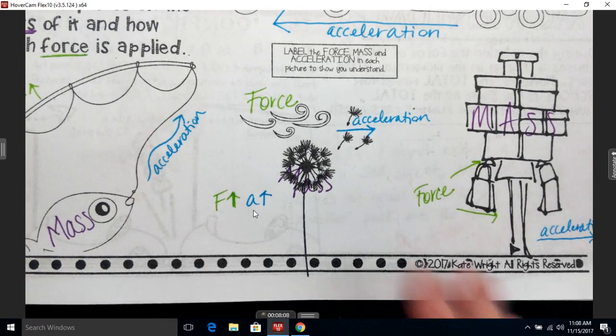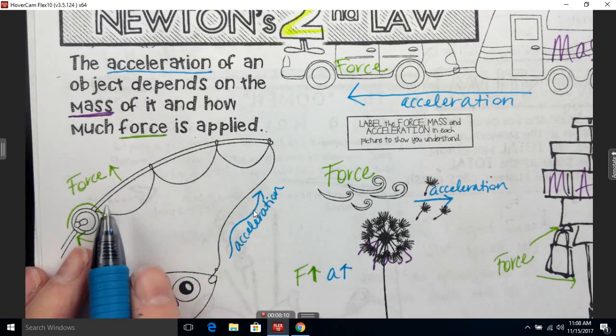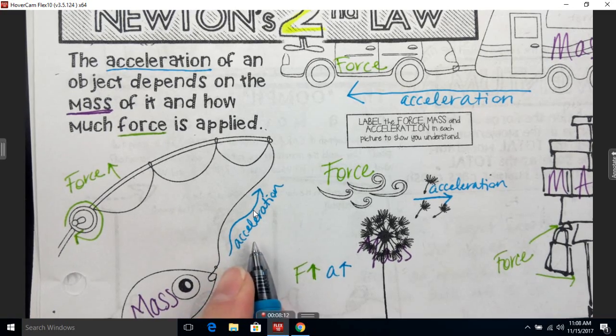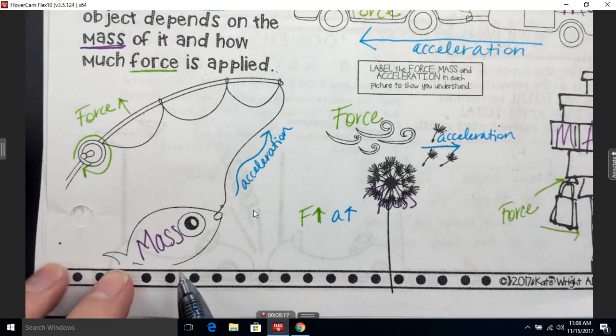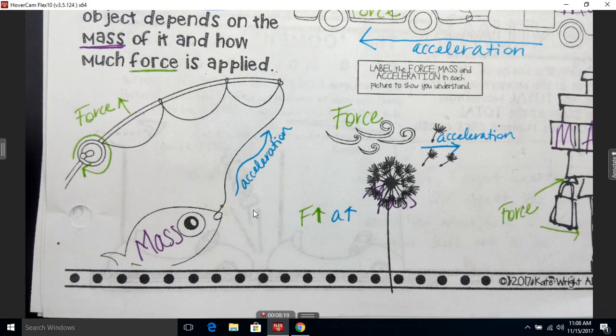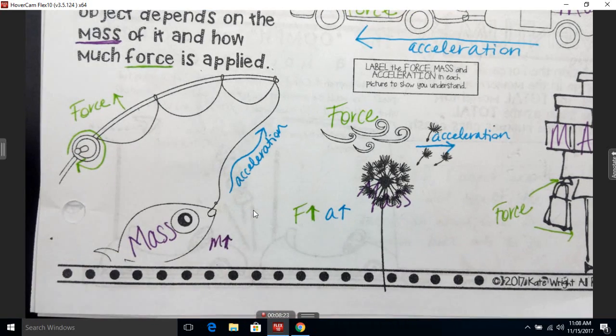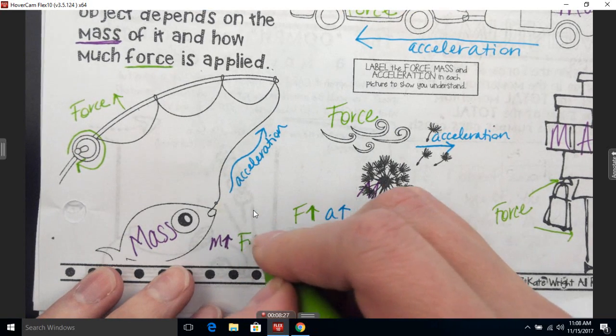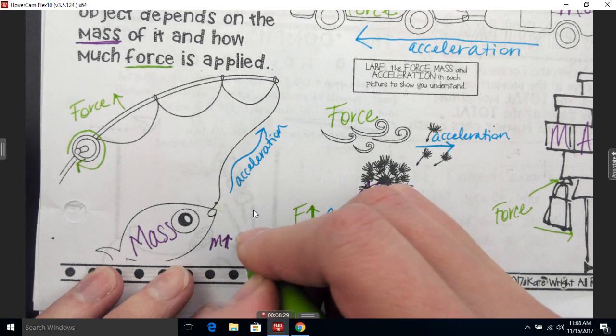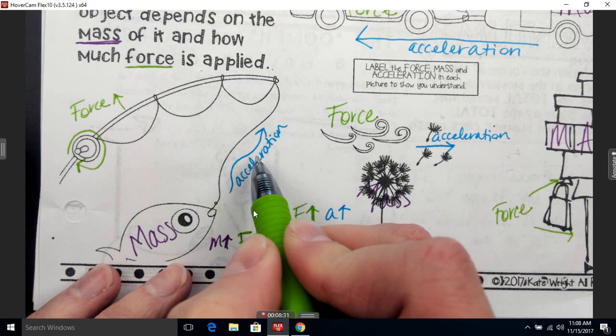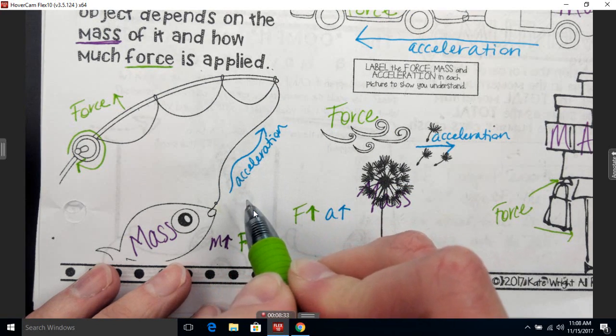That is common sense. If I pull this harder, what's that going to do? I can also ask, what if I catch a bigger fish? My mass goes up, so what do I have to have? More force, to accelerate at the same amount.